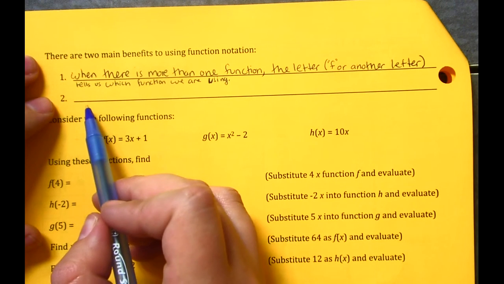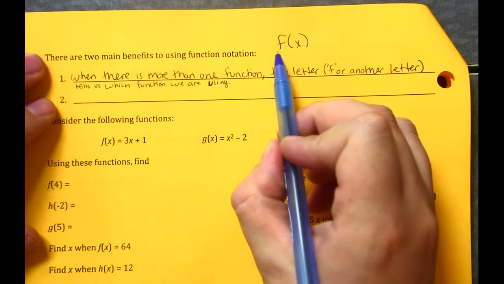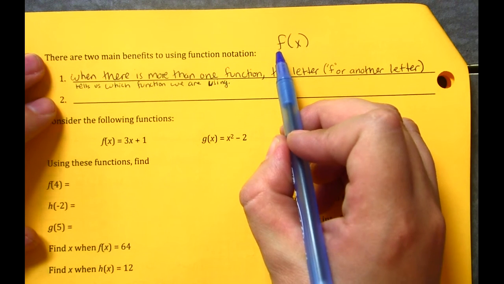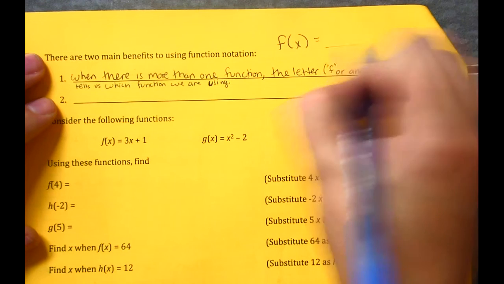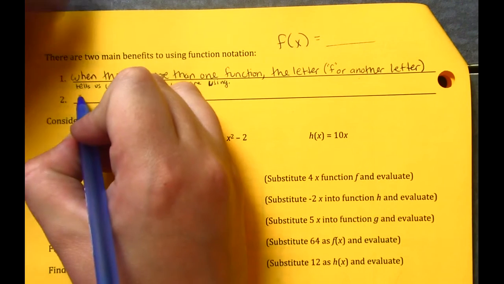And the second benefit has to do with the x. Because remember, function notation looks like this. The f is the name of the function, and the x tells us what the variable is that we're going to be plugging in values for. So the idea is the same.